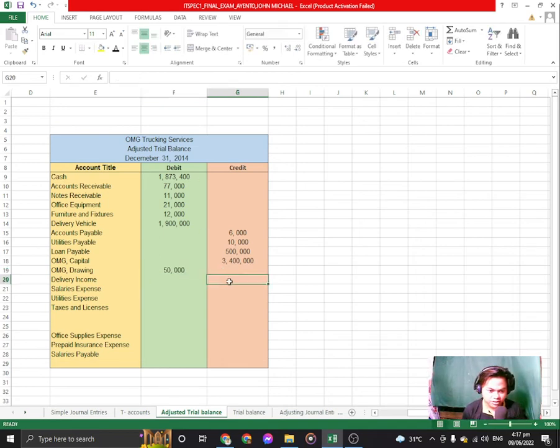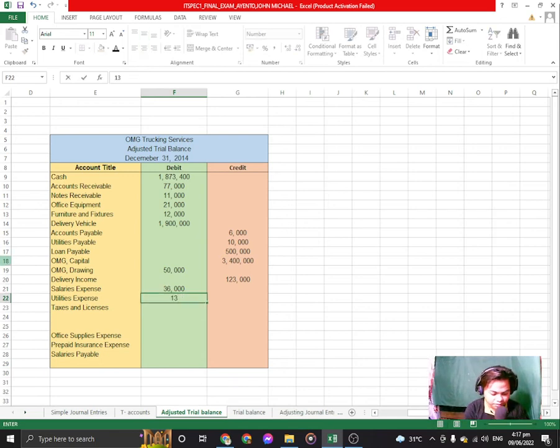And then for delivery income, na total na to siya tanan og 123,000. And then for the salaries expense, we have 36,000 pesos. And then the utilities expense, we have the 13,500. And then in the taxes and licenses, we have the 5,300 pesos.